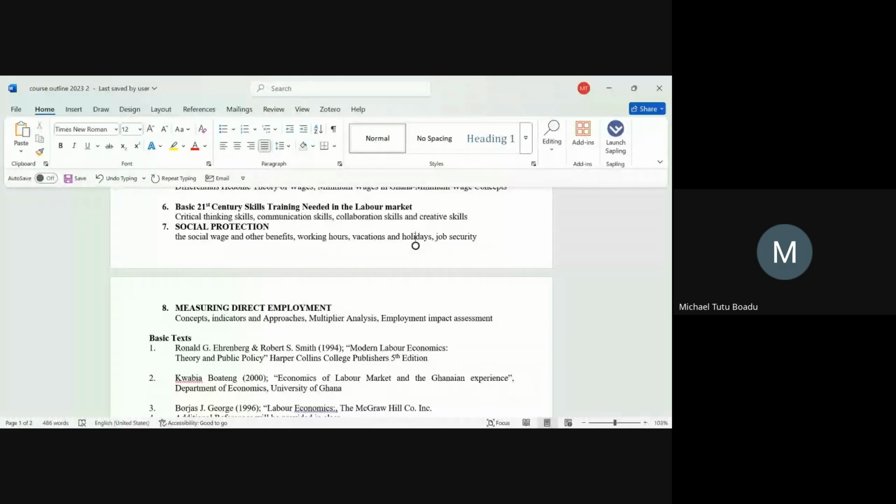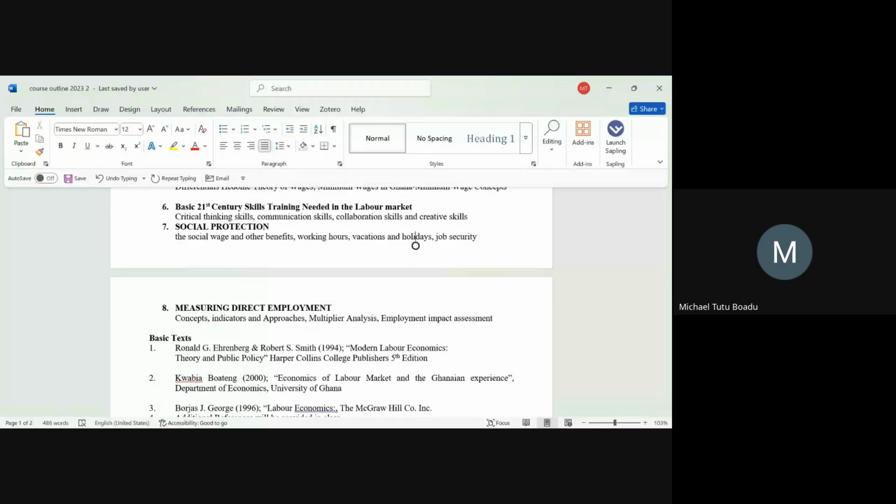Then finally, we'll do some simulation exercise or practical. We'll do some small practicals on how to measure direct employment. If, for example, government invests 200 million Ghana cedis into the agricultural sector, how does this impact on employment?